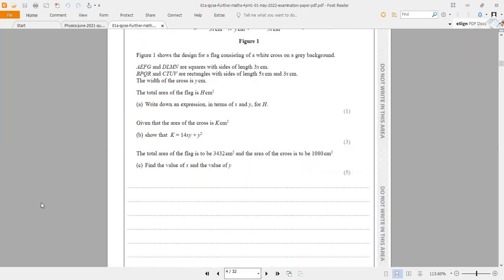Next question says, given that the area of the cross is k centimeter square, show that k equals 14xy plus y squared.